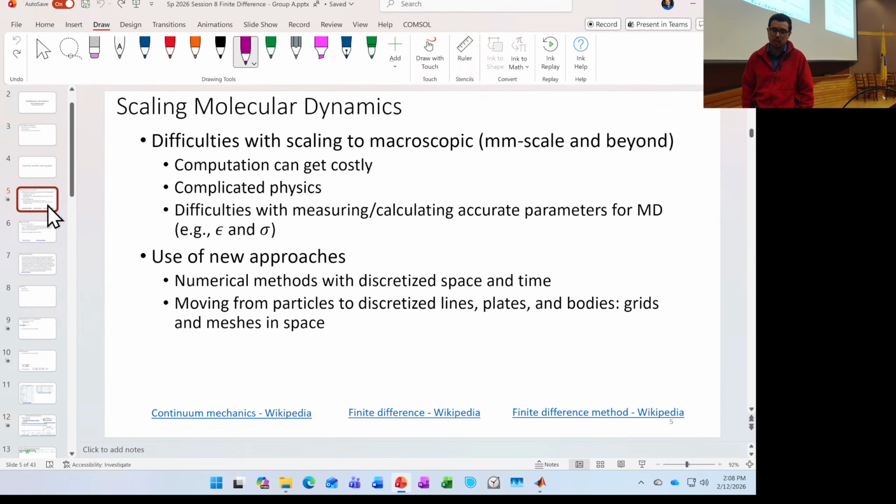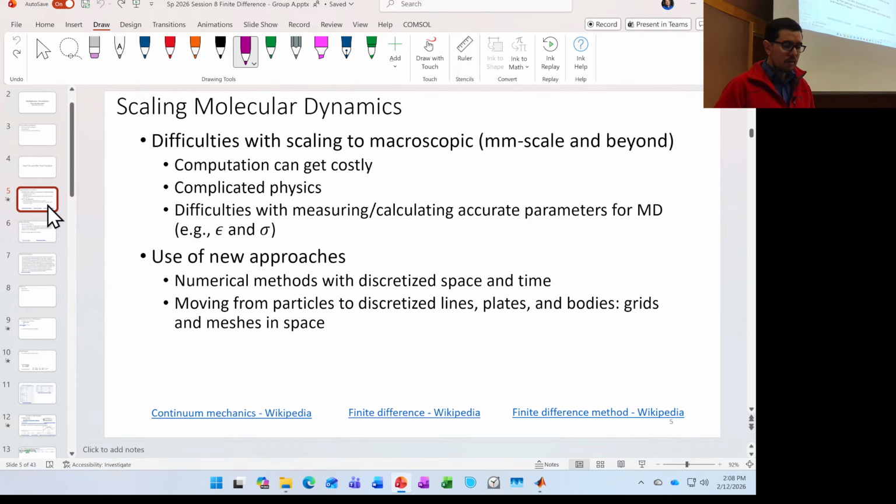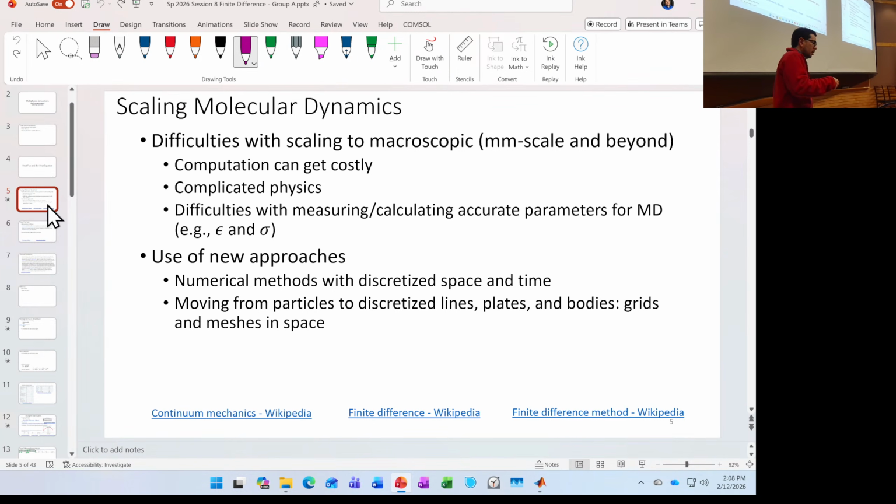Okay? And so essentially, we're saying, let's create a grid. And as we step through time, we're going to look at what's happening at the nodes on that grid, or the vertices on that grid.